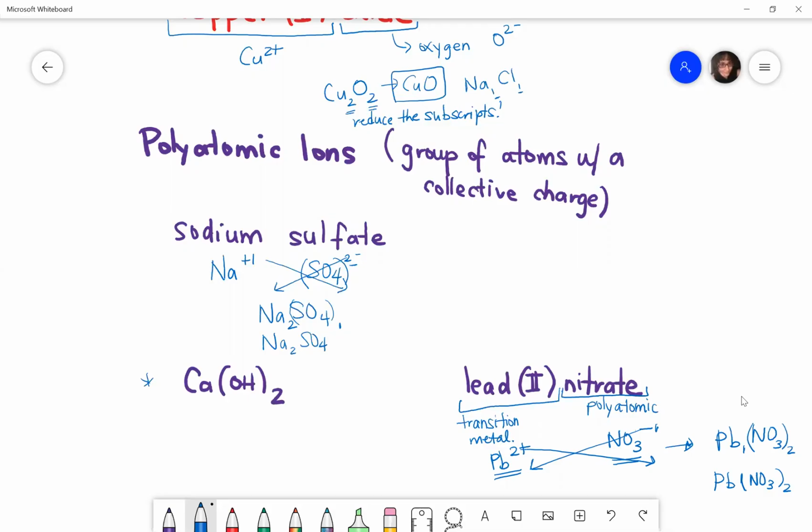And then for our last one here, the Ca and the OH and the 2 on the inside, right? What is Ca? We just previously worked with that. Ca is calcium. Remember, calcium is a 2 plus cation. And you might be wondering, what is this OH thing? Back to the periodic table.